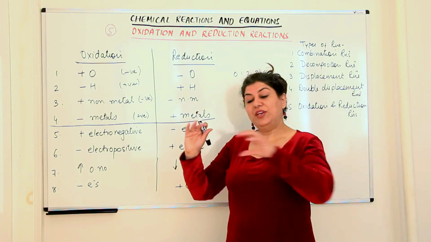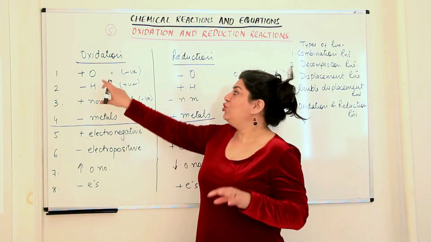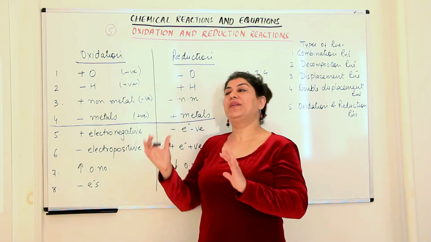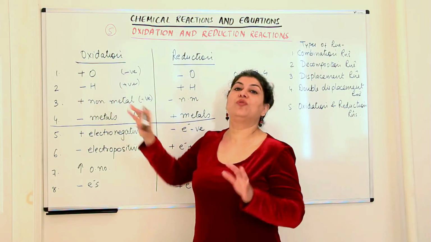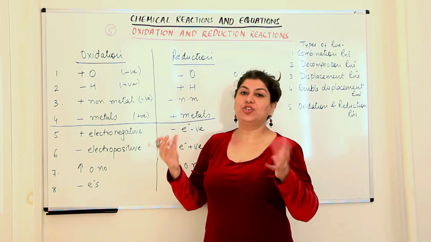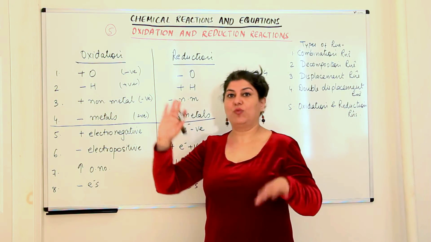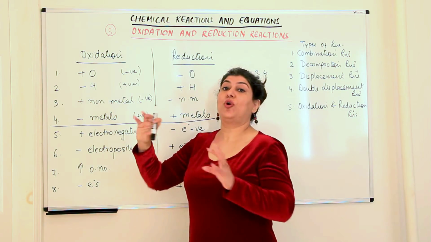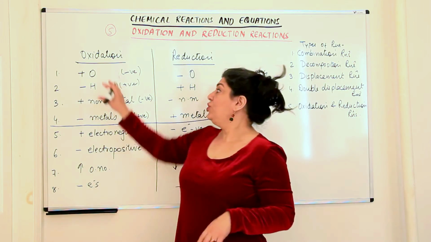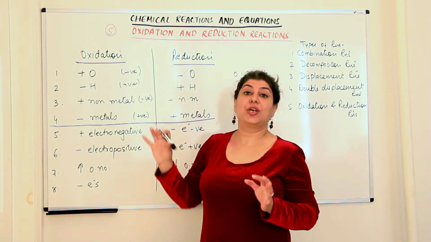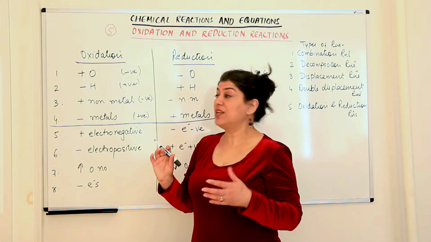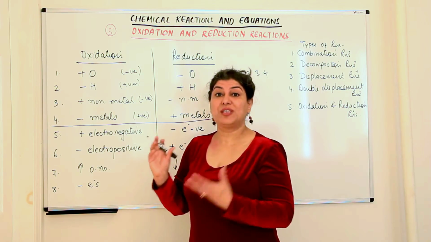But remember, when you're solving a question, you may apply just one of these definitions, or sometimes you may require a combination of two or more definitions to see what is getting oxidized, what is getting reduced. So for the same equation, you may use the same definition sometimes, but sometimes it's not possible to use the same definition.